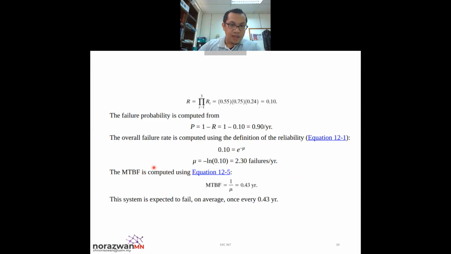Then you have your MTBF and overall failure rate. The final statement is the system is expected to fail on average once every 0.43 year. So the maintenance department is surely in havoc for that particular system.